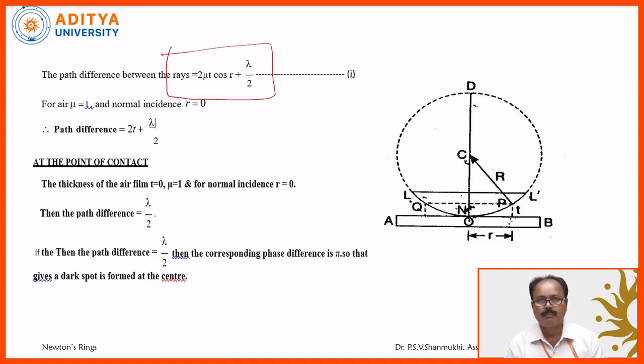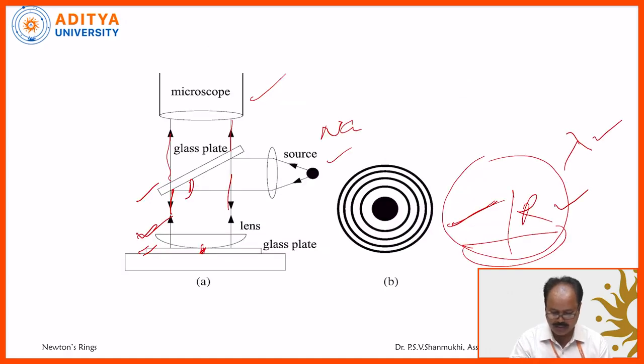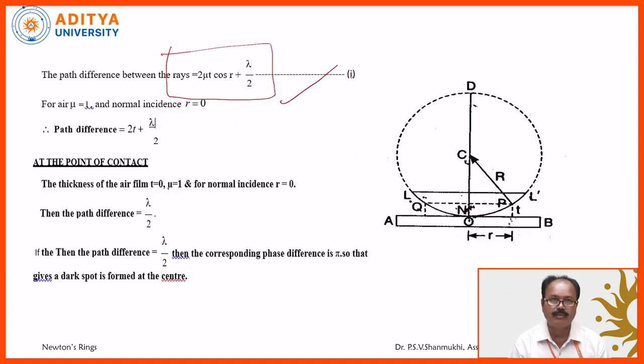You can take plus lambda by 2 or minus lambda by 2. Just take 2 mu t cos r plus lambda by 2. This is the path difference between the two reflected rays. This is one reflected ray, this is the second reflected ray. So, the path difference is given by delta is equal to 2 mu t cos r plus lambda by 2.